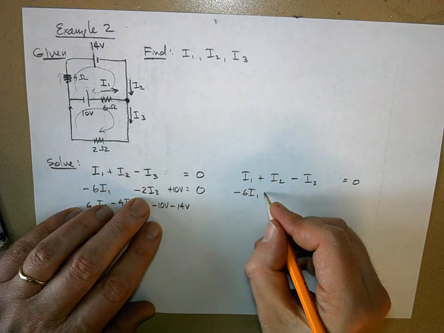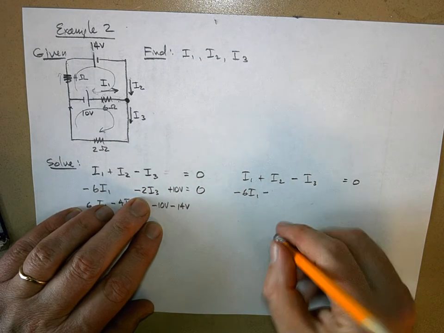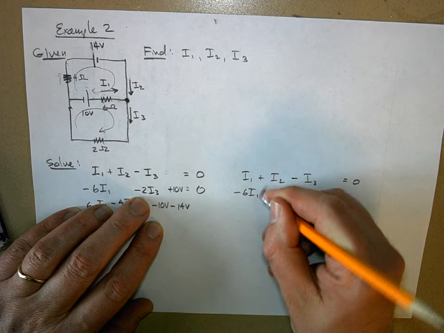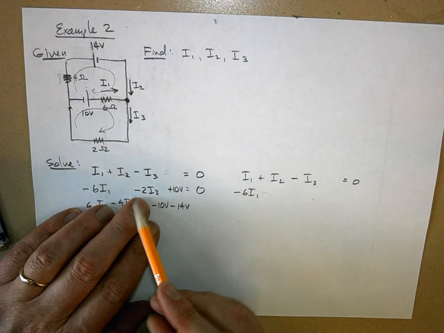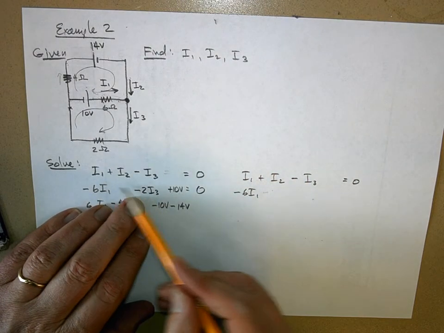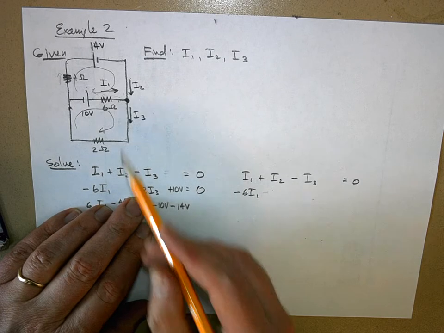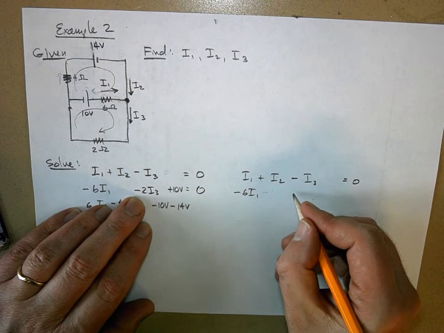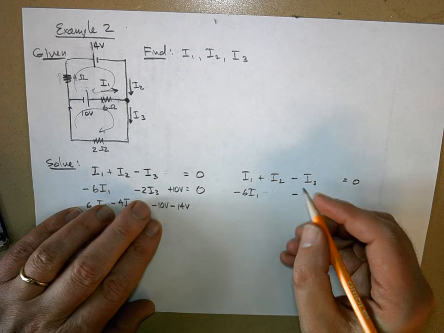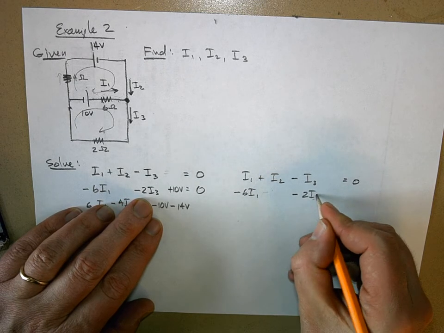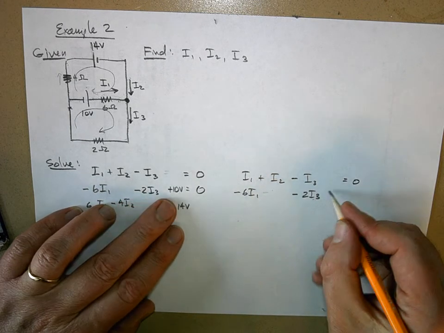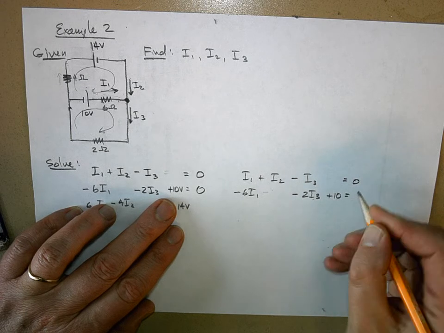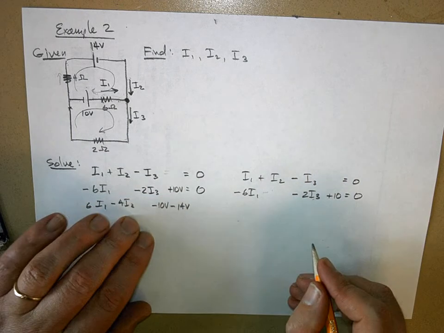Now how much I2 do I have in this equation? I don't have any I2. The second branch was not in that loop. So it's just 0, or you can just leave it blank. Minus 2I3 plus 10 equals 0. Now look at this one.